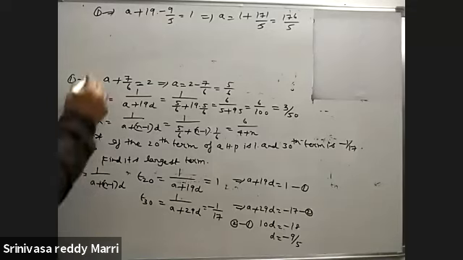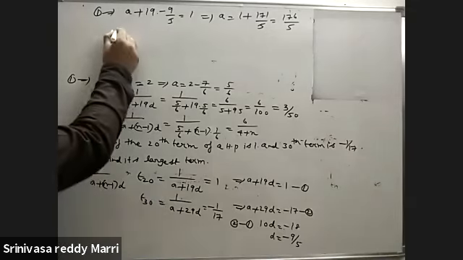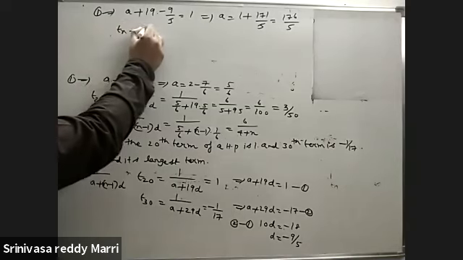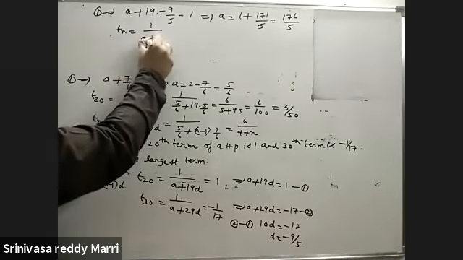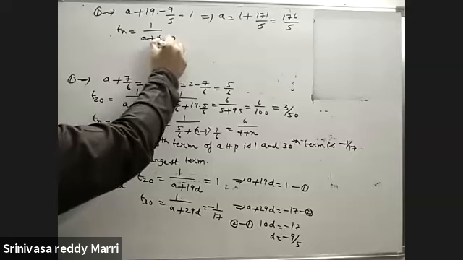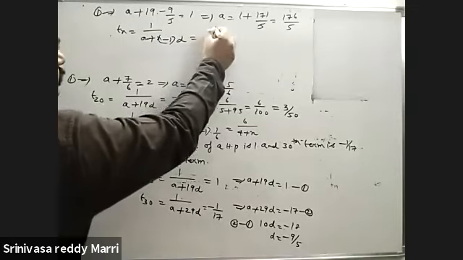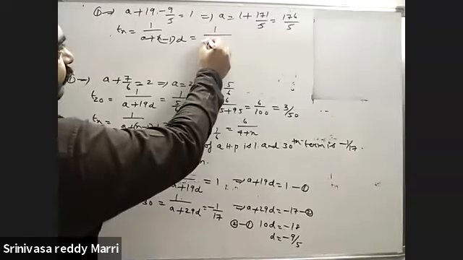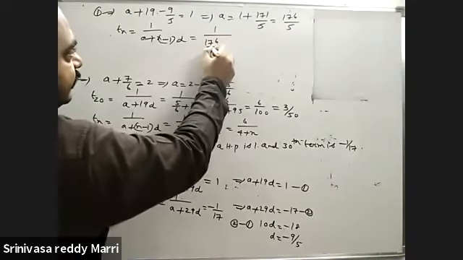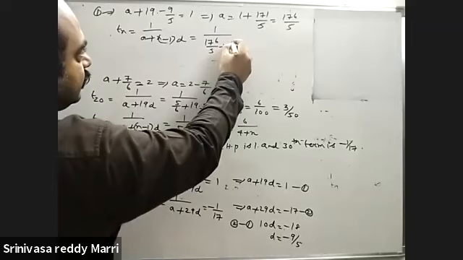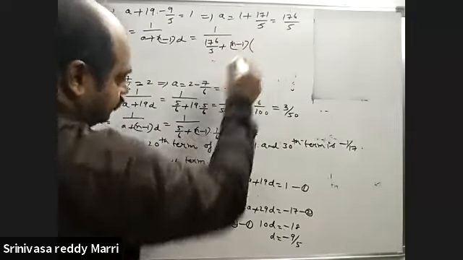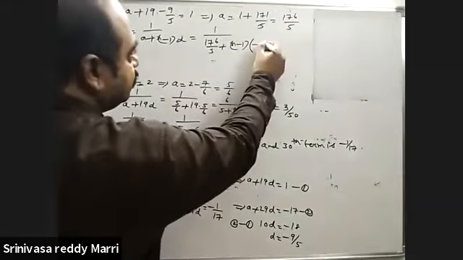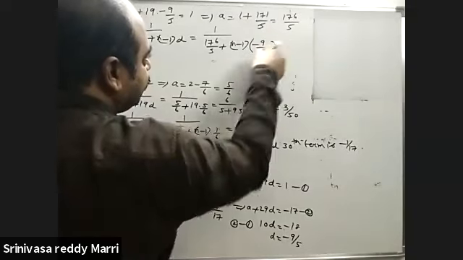So now for finding the largest term, you calculate the nth term: A plus n minus 1 into D. So 176 by 5 plus n minus 1 into minus 9 divided by 5.